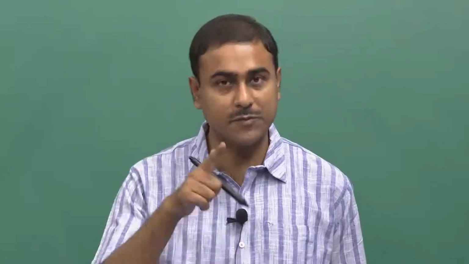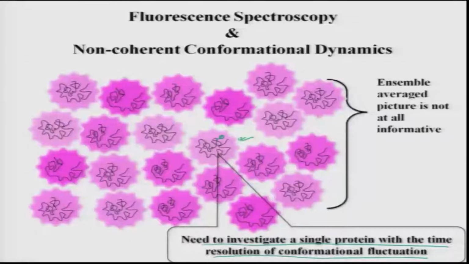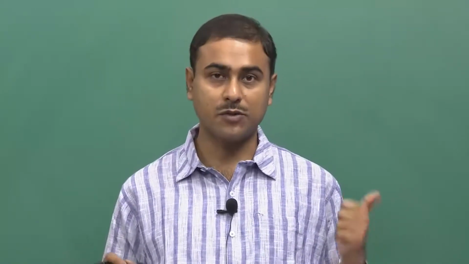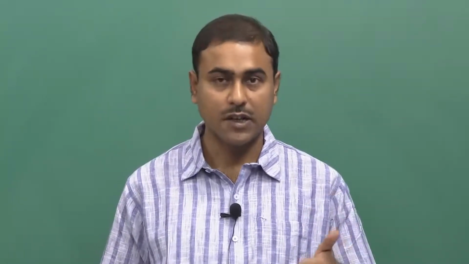If it is fluctuating, its fluorescence intensity must fluctuate, because I have a fluorophore over here and I have a coenzyme present over here. So, if I just sit on this particular biomolecule and see how the fluorescence intensity is changing with time, then I should be able to comment on the conformational fluctuation dynamics of this biomolecule.